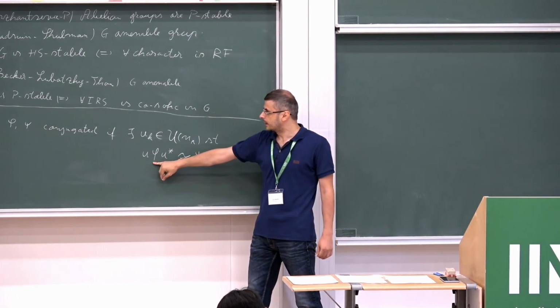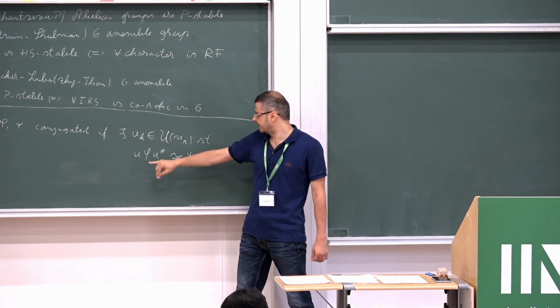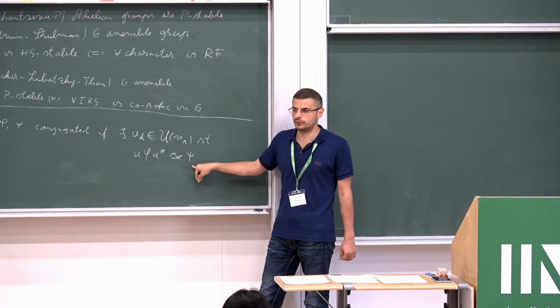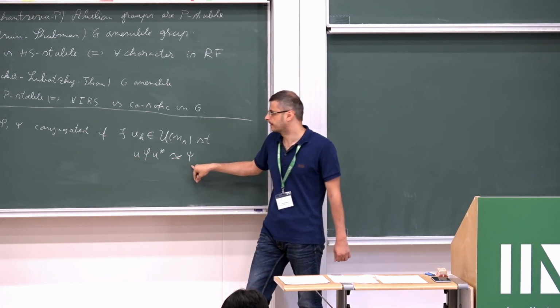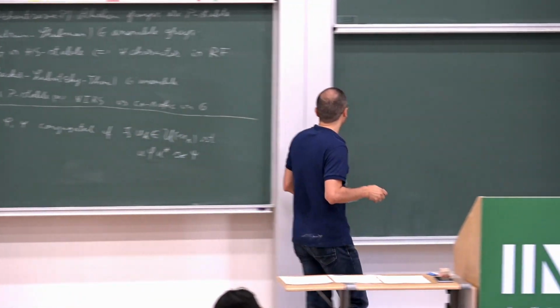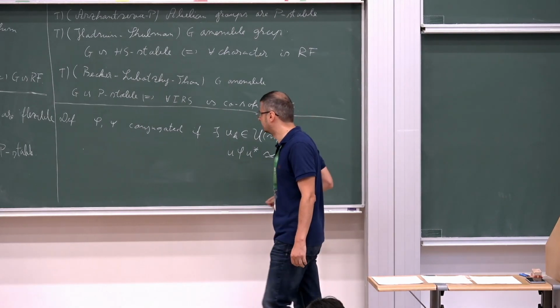So when you take the matrices that phi uses and you conjugate them with these unitary matrices, you get something equivalent to psi.